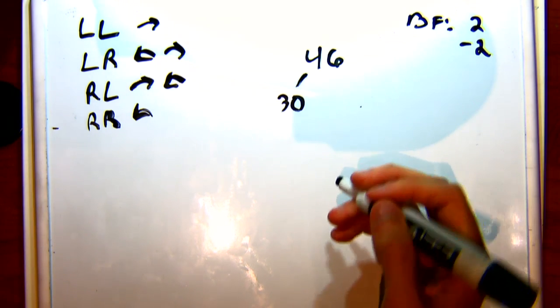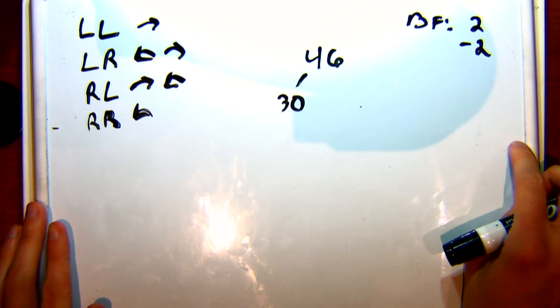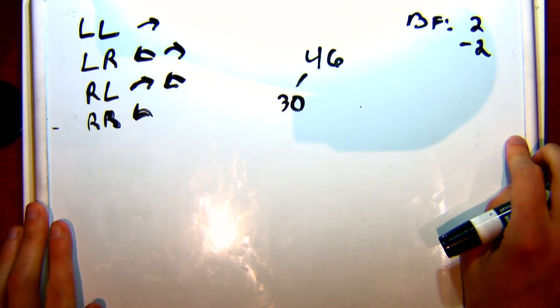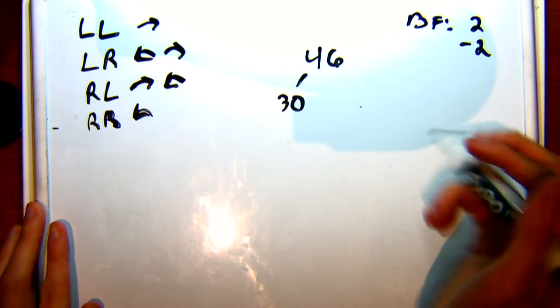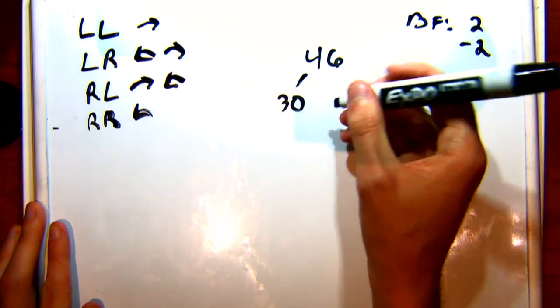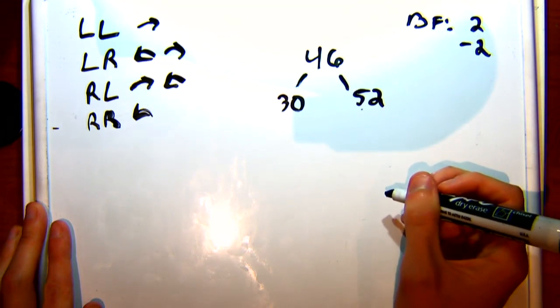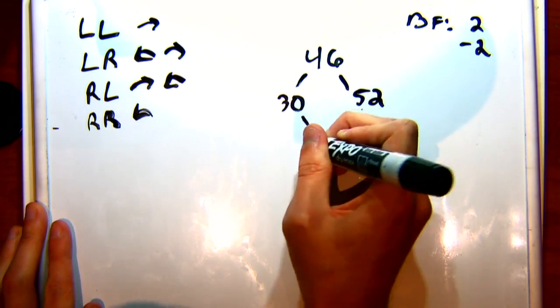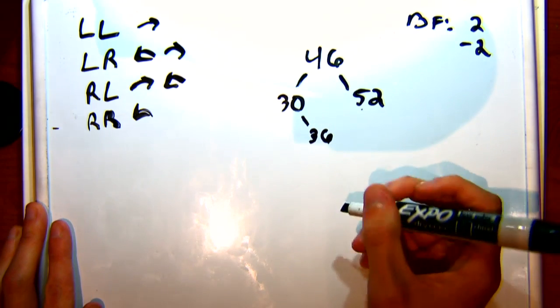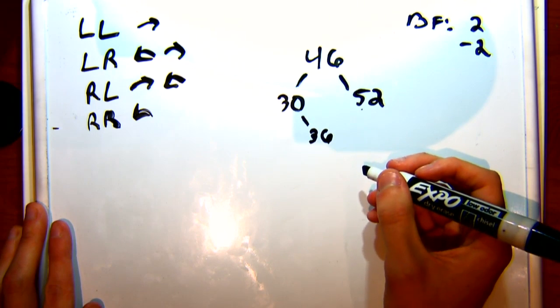So we're going to keep inserting until we see one of those conditions where the balance factor is 2 or -2. Now, the next one is 52, then 36, and then 40.